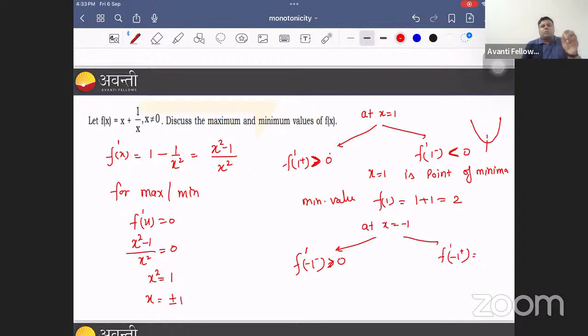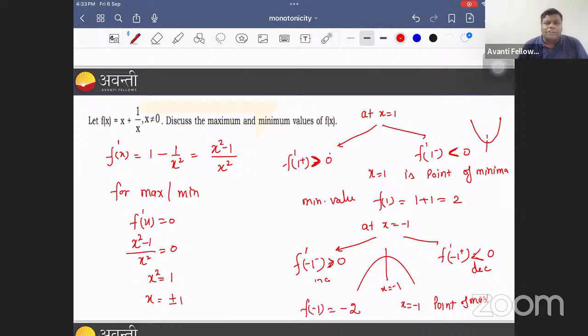So 0.99 square will be something like 0.98. Minus 1 you do, it will be negative. So it is going to be less than 0. So in the right of minus 1, the function is decreasing. In the left of minus 1, the function is increasing. So the graph is going something like this, which means x equals minus 1 is a point of maxima. And the maximum value f(minus 1) will be minus 2.